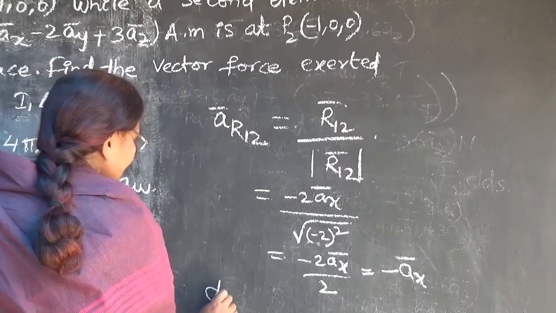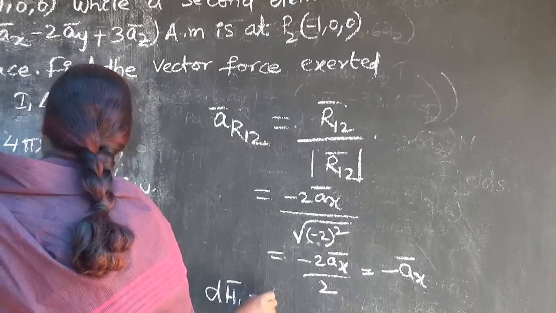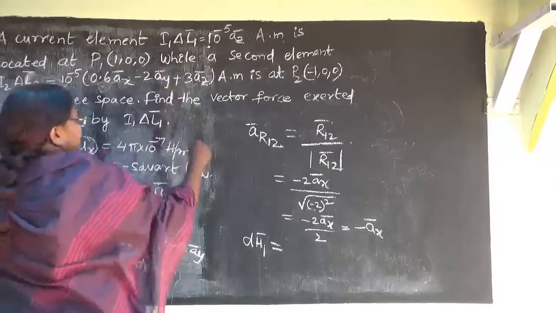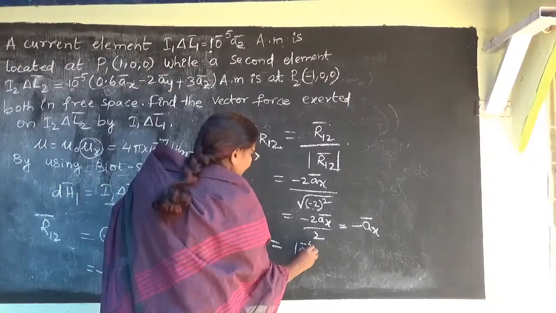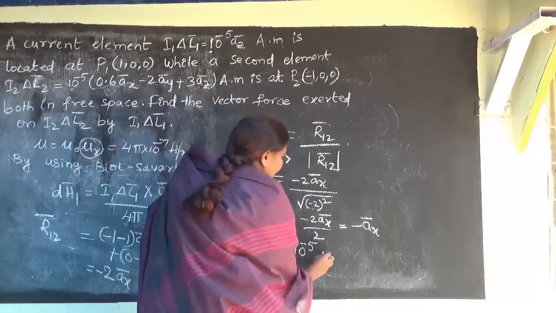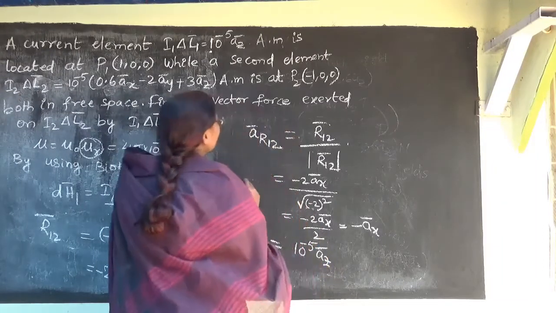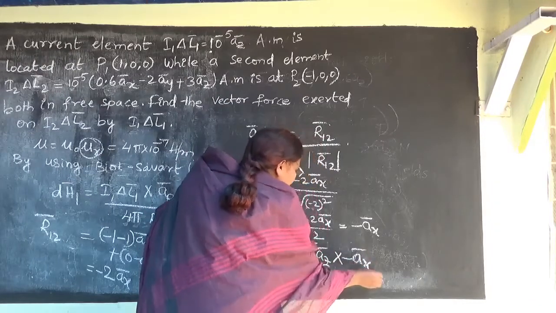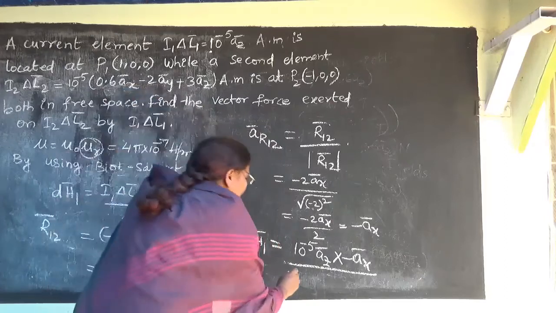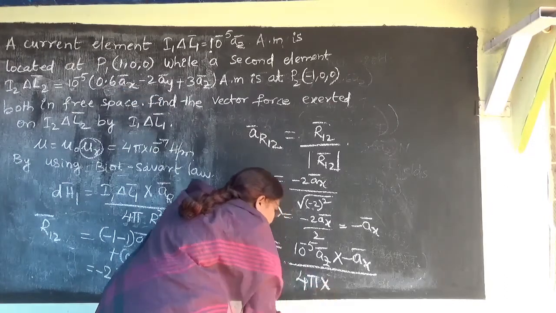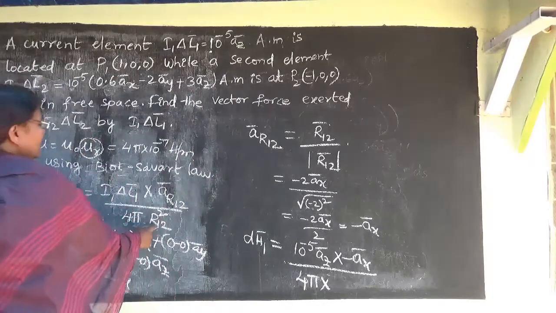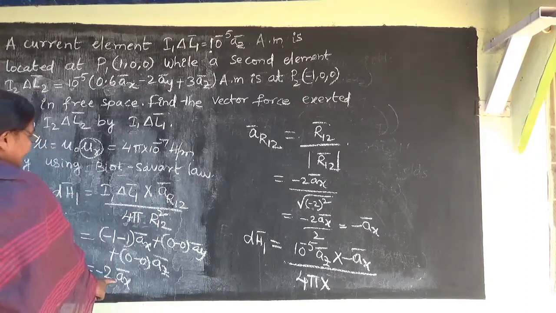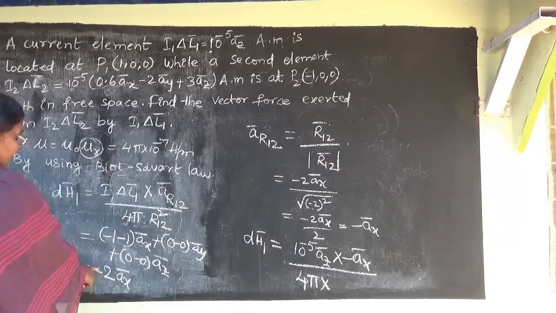Now substitute this in this value. So my DH1 bar is going to be I1 delta L1 bar. What is I1 delta L1 bar? That is equal to 10 to the power of minus 5 AZ bar cross minus AX bar divided by 4 pi into R12 square, which is nothing but this vector's magnitude. What is the vector's magnitude?